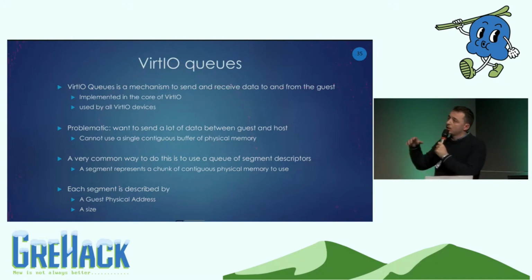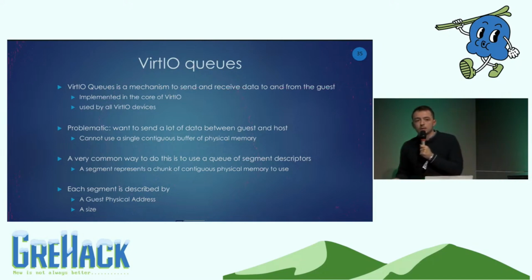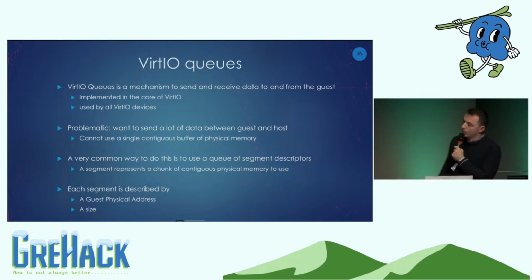So it is in the core of Virtio, and all devices use this mechanism to send and receive data from the guest. The problem you want to solve with this mechanism is that you want to send a lot of data from the guest to the host, or host to guest, sorry. And you just cannot use a single contiguous buffer of physical memory, because physical memory is not supposed to be contiguous. It's supposed to be split to be efficient with virtual memory.